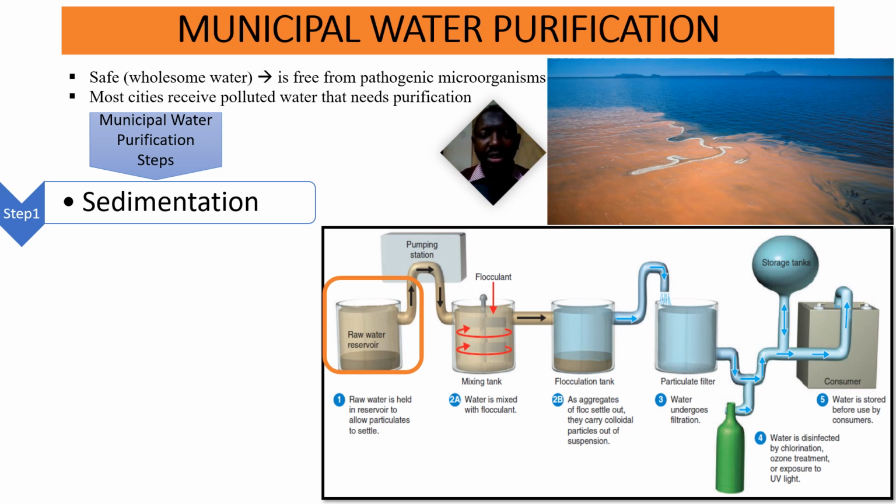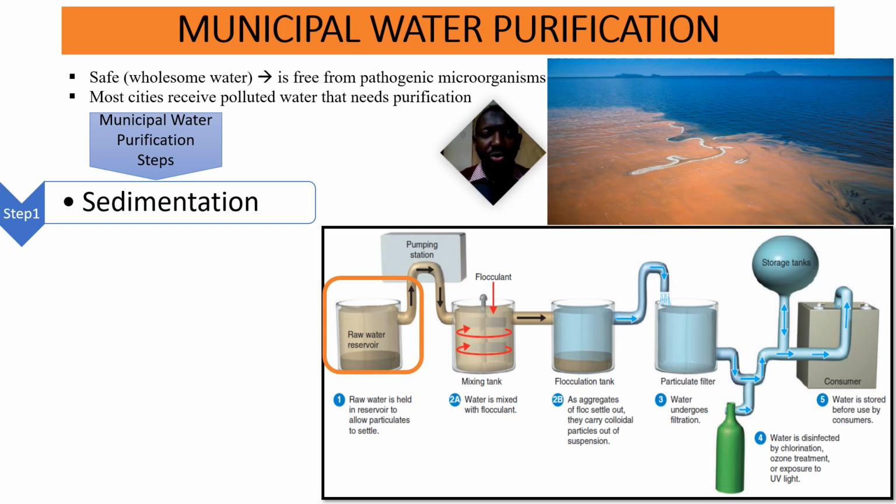During the sedimentation process, generally water is pumped into holding tanks where particulate materials such as sand, silt, and organic materials settle at the bottom in the form of sediment, leaving the partially clarified water containing suspended materials, which are called colloids, that are too light to settle down.